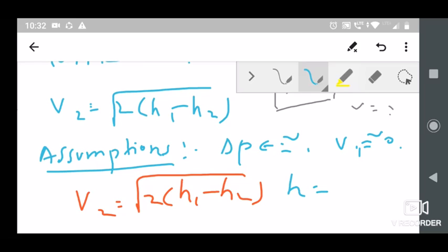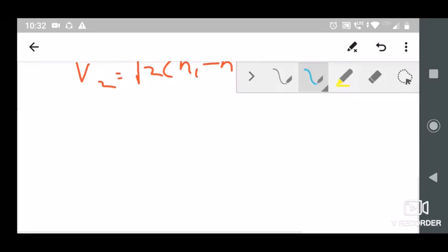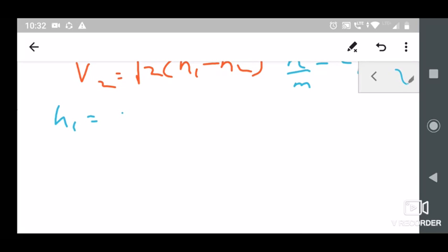H is equal to Cp delta T, on a per mass basis, where delta T is nothing but T1 minus T2. So H1 is equal to Cp T1 and H2 is equal to Cp T2.